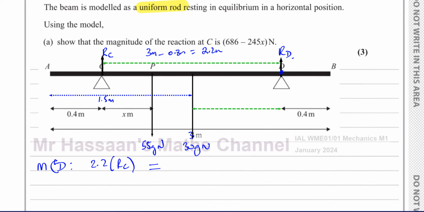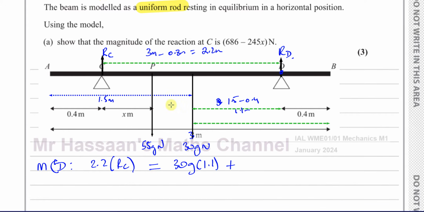Now I know that the whole distance here is 1.5 meters, because the distance from here all the way to there is 1.5 meters, because this is halfway along, that's 3 meters. So this distance that we're looking for is going to be 1.5 meters minus 0.4 meters, which is going to be 1.1 meters. So you have 30g times 1.1, that's one of the forces going to be anti-clockwise. And the other one that's going to be anti-clockwise is this weight of the man.